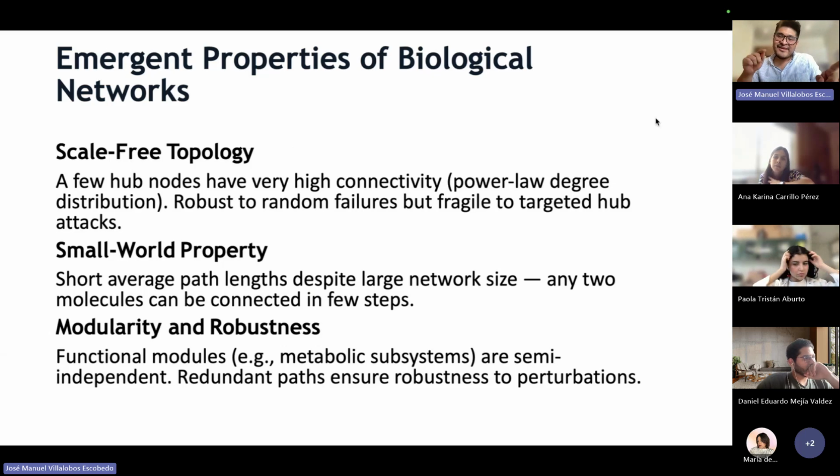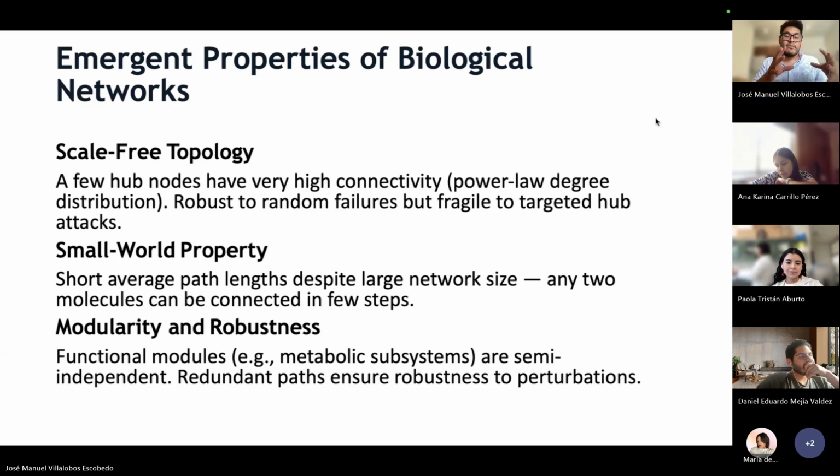So maybe they are 4 to 6 steps apart, and people started to see that in this kind of network, nodes that you could think are super separated from other nodes are not. This property means that is not true.